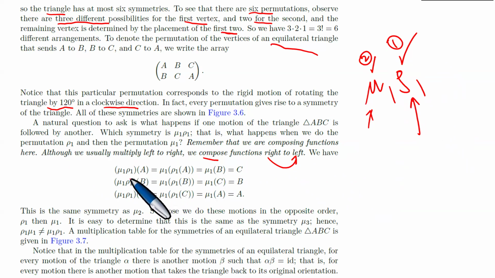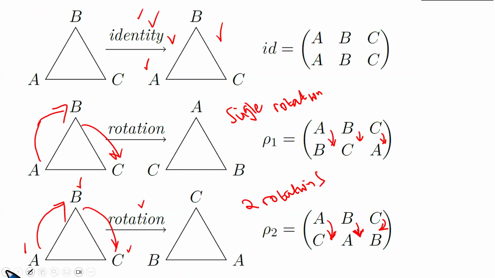Let's look at mu1 rho 1 of A. In terms of functions, this is the same as mu1 of rho 1 of A. What does rho 1 do on A?